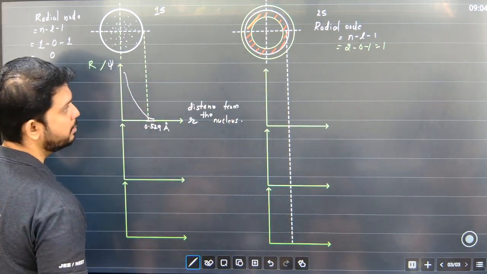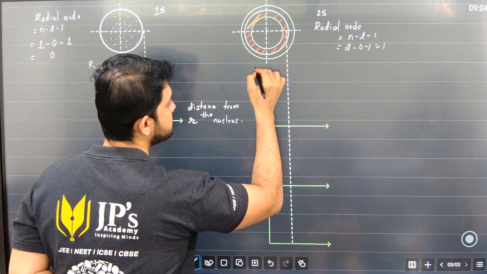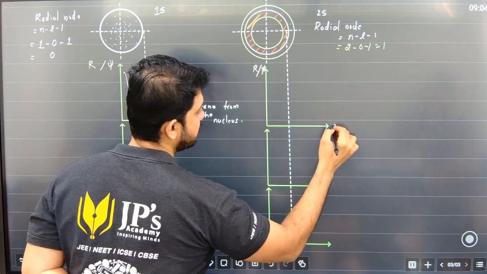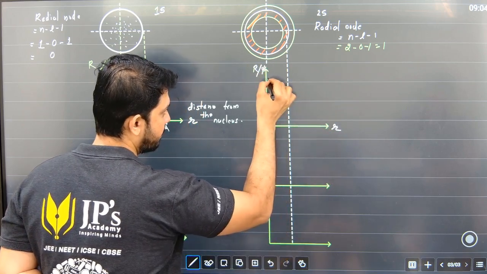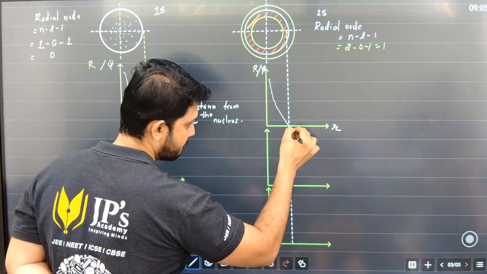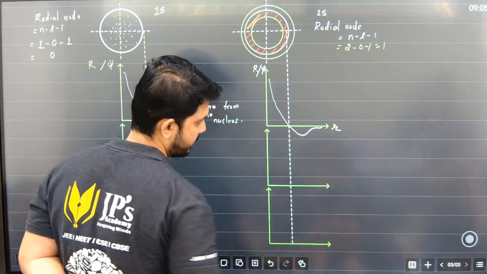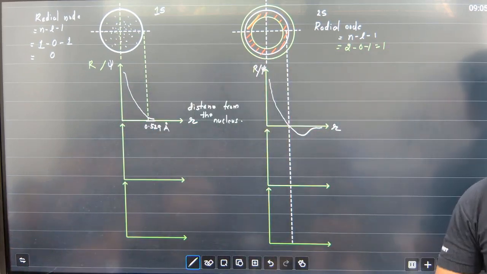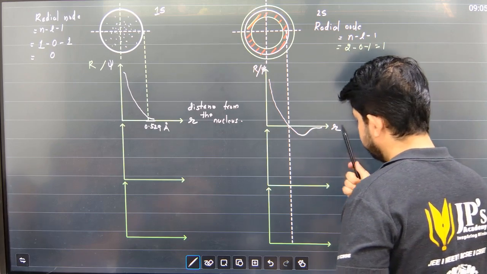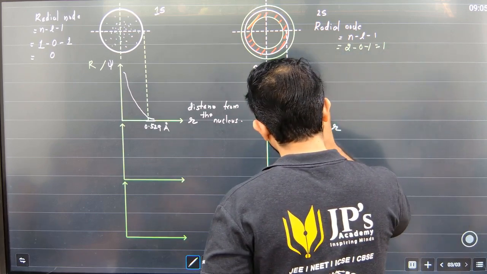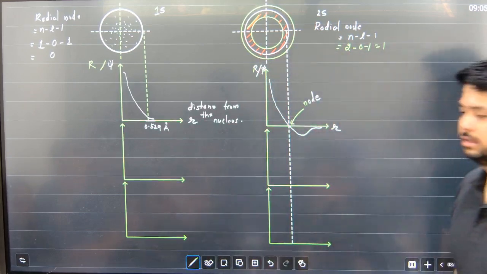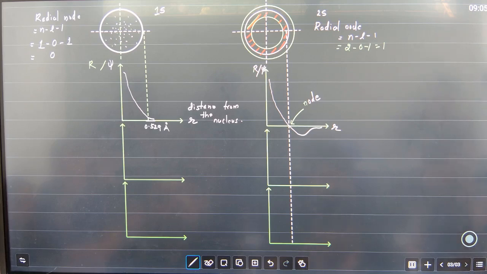So if I plot this, this is psi versus R. The plot goes like that. If it is becoming 0, which means यहाँ पे हमको क्या मिला है? There is a node present.